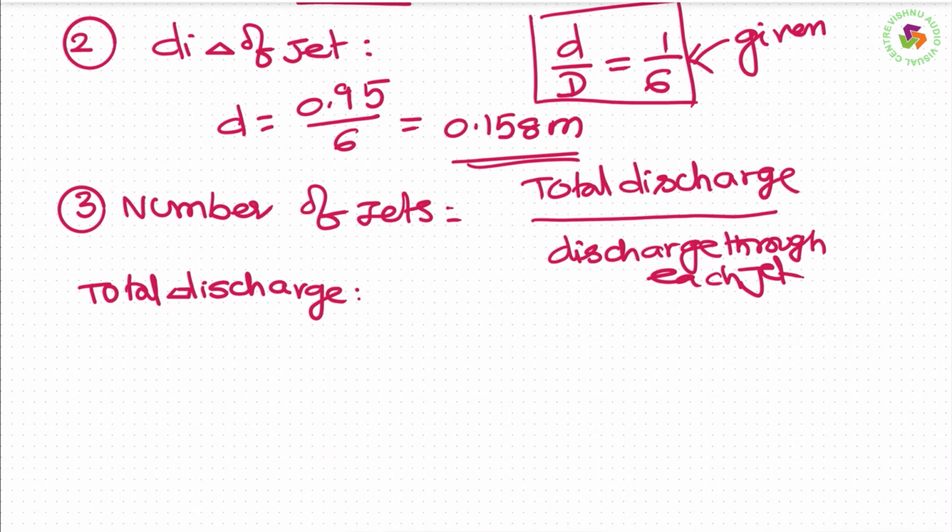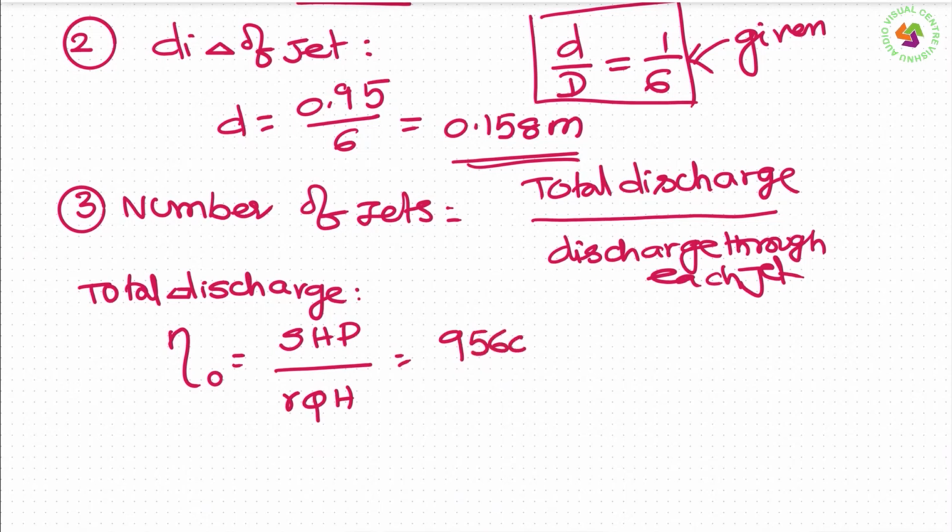How can we get the total discharge? Eta 0 is equal to shaft horsepower divided by gamma Q H. Shaft horsepower is 9,560 kilowatts, which I have converted into watts.